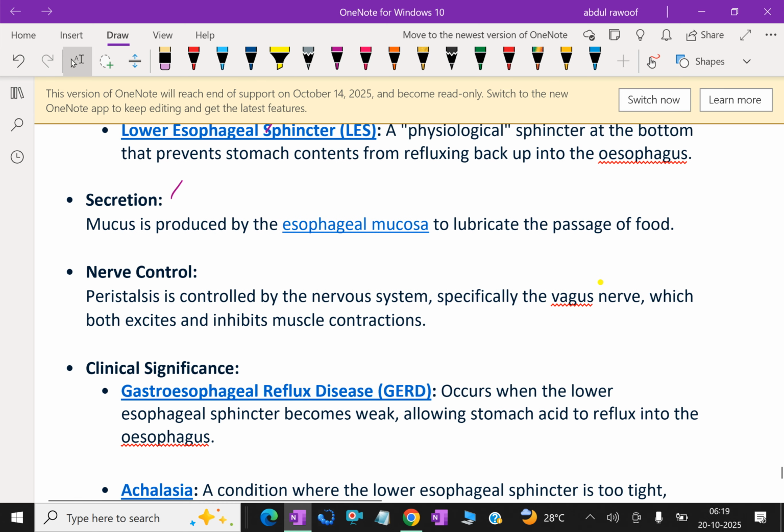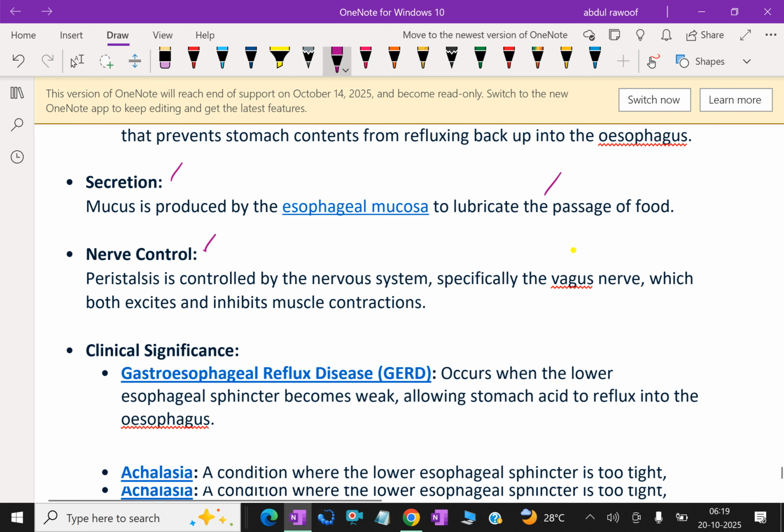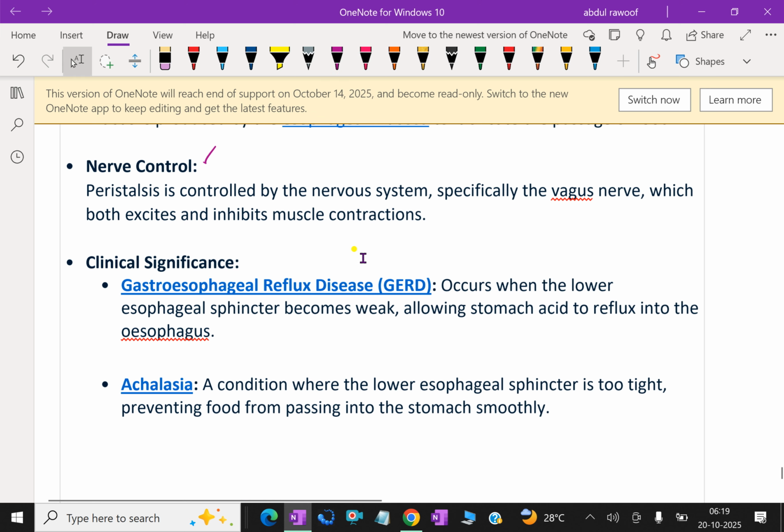Secretion. Mucus is produced by the esophageal mucosa to lubricate the passage of food. Nerve control. Peristalsis is controlled by the nervous system, specifically the vagus nerve, which both excites and inhibits muscle contractions. Clinical significance.